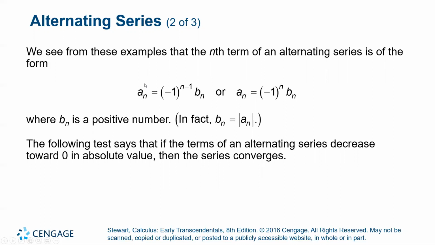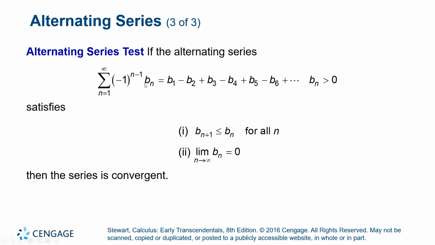So what is our test for alternating series? If the alternating series, the sum from n equals 1 to infinity of -1 to the n minus 1 times Bn, satisfies two conditions, the first one being that the positive part of the series, the terms, are decreasing. So Bn plus 1 is always less than or equal to Bn.